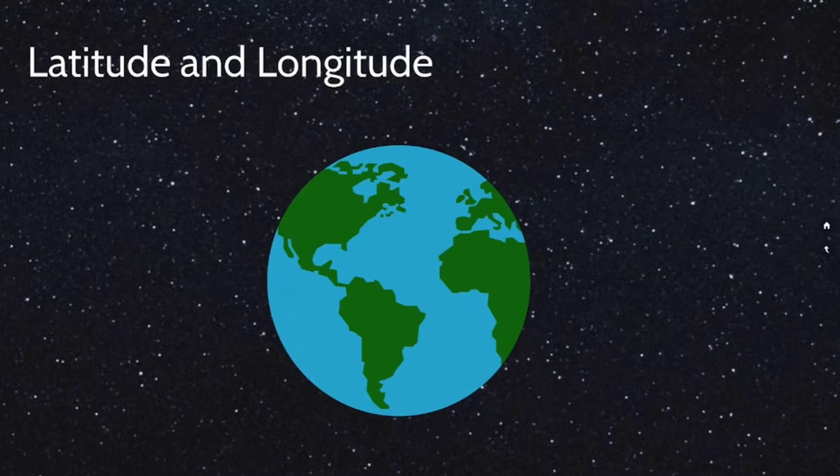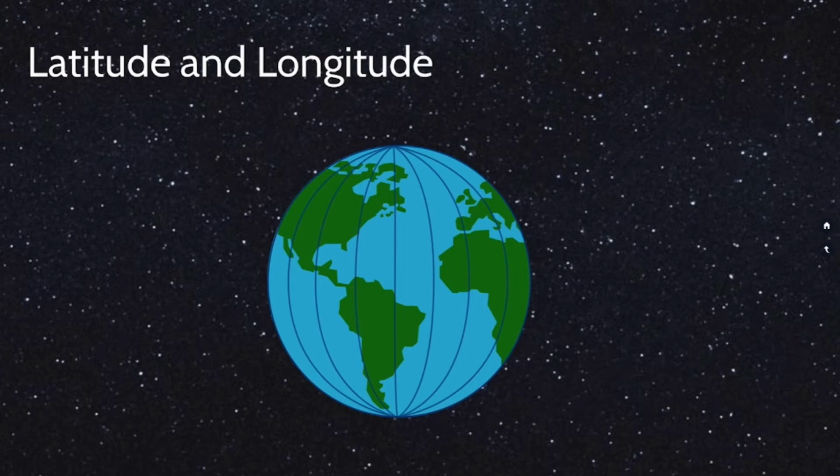Vertical lines or north-south lines are lines of equal longitude or meridians. The line of zero longitude is called the prime meridian. For most geographic coordinate systems, the prime meridian is the longitude that passes through Greenwich, England.